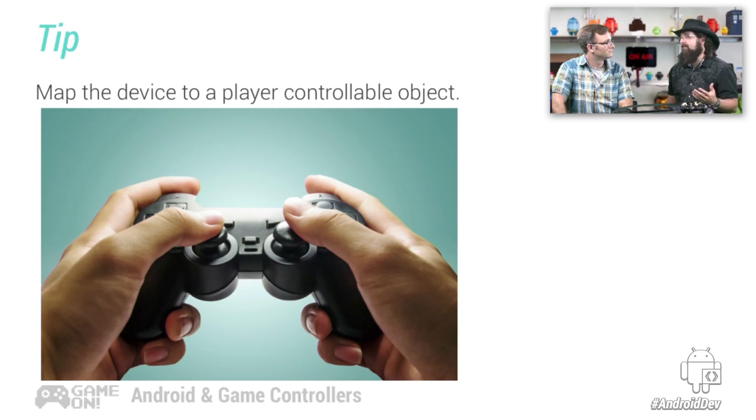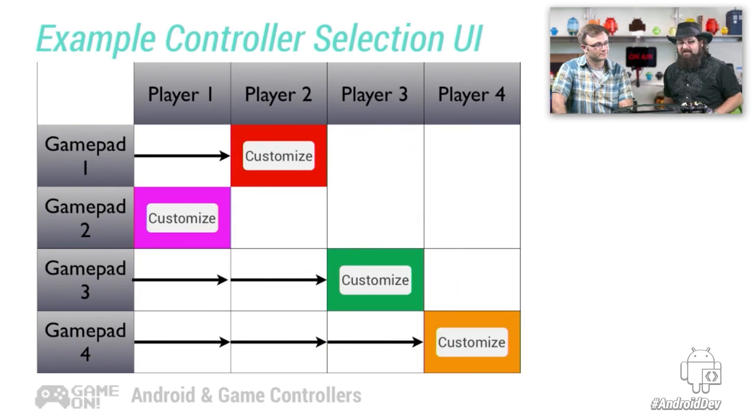One concept I have for this, which I haven't implemented yet, but I've seen in certain games, is that the game starts up and asks, all right, which players are assigned to which controller? You'd have a list of all the gamepad-identified devices down one column and all the players along the top, and any device can push these controller things into the right player slot. And then that player could go ahead and configure their device to their preferences.